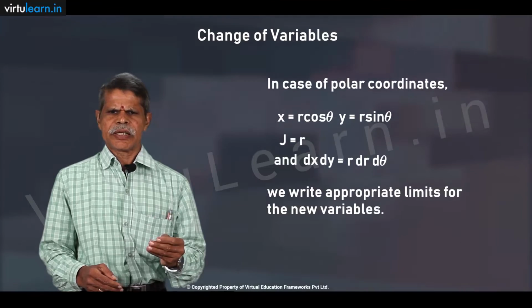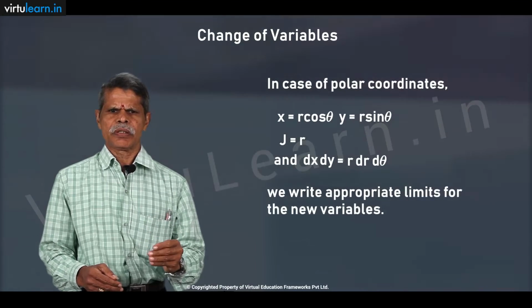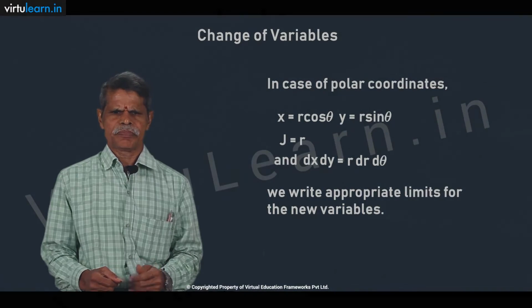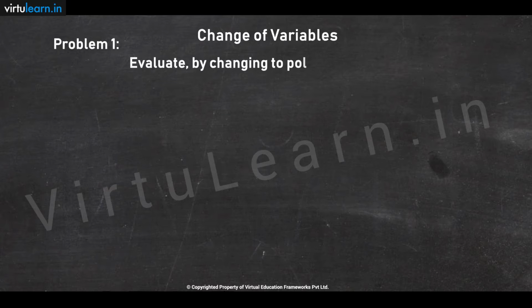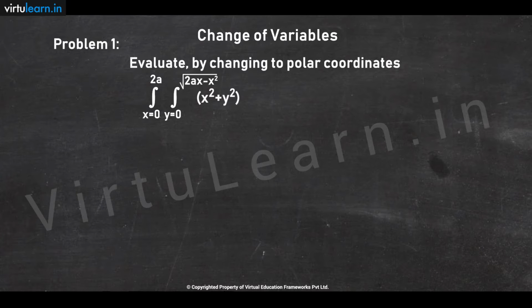Let us discuss a couple of problems based on this particular aspect. The first problem on change of variables. The problem is like this. Evaluate by changing to polar coordinates the integral x is equal to 0 to 2a, integral y is equal to 0 to root of 2ax minus x square, of x square plus y square dy dx.